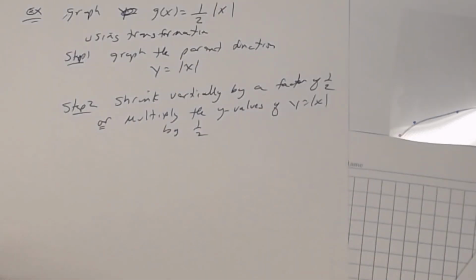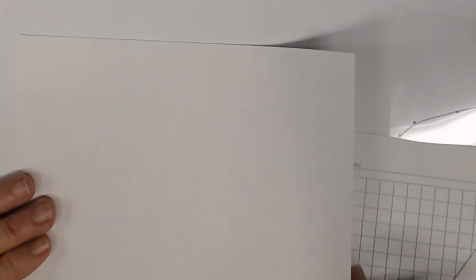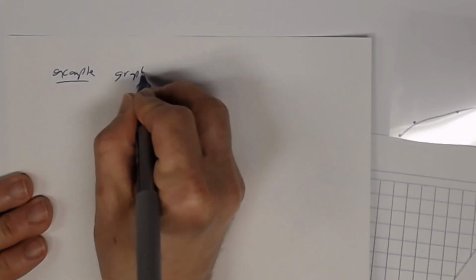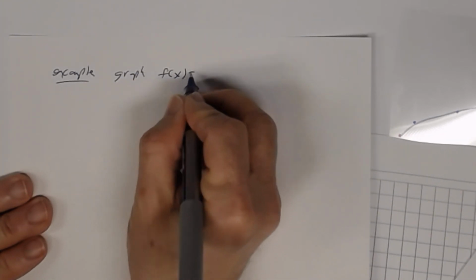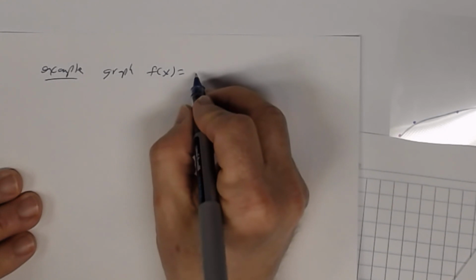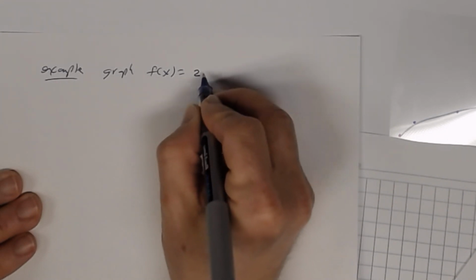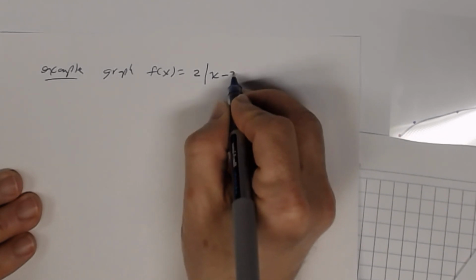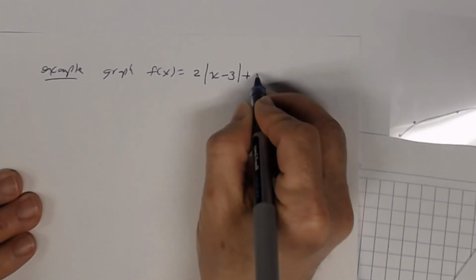All right, now we have time for one problem, and I want to do this one. So let's do a problem where we put them all together like this. So let's go ahead and graph f of x equal, let's do 2 times the absolute value of x minus 3 plus, let's do 1.